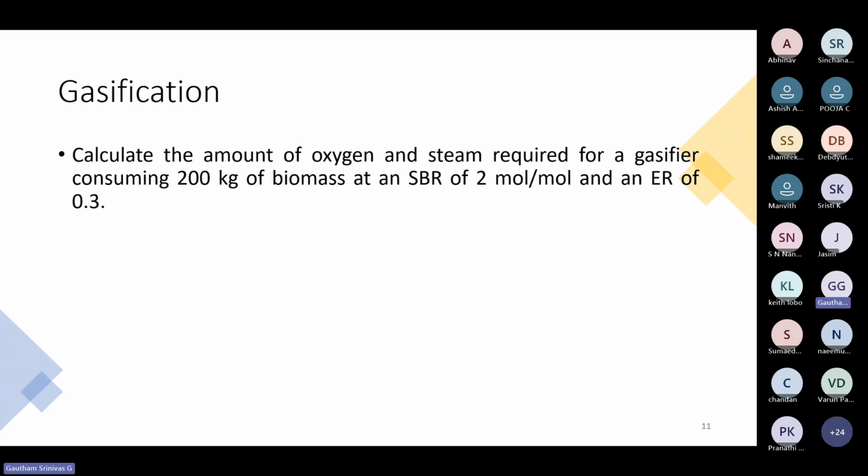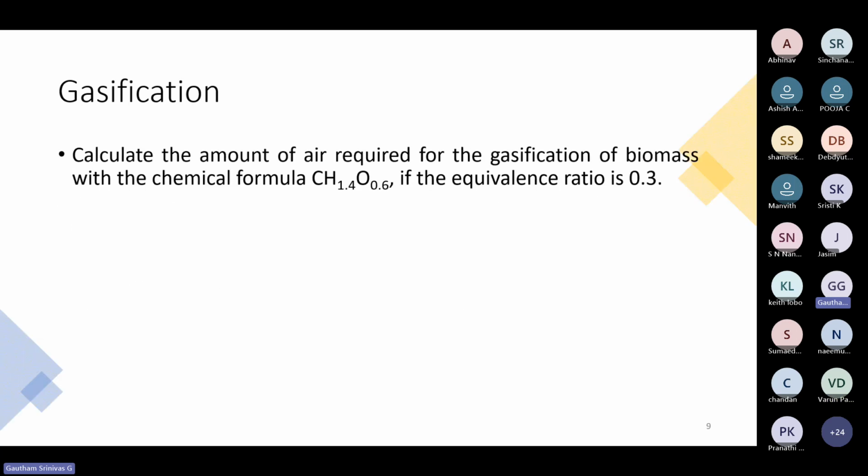How do you do that? Someone tell me. We don't know what the biomass contains, right? Just in the previous slide you have the molar mass of biomass. It's right here.